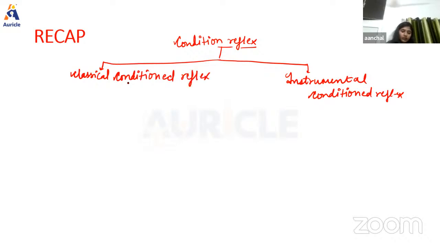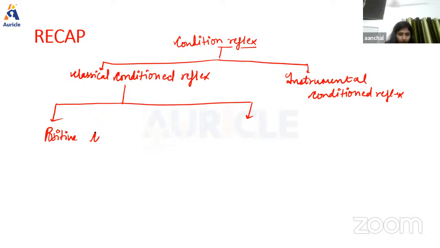In classical, we have two types: positive conditioned reflex and negative conditioned reflex.